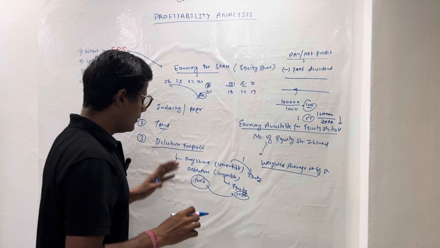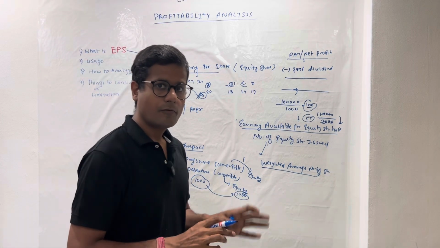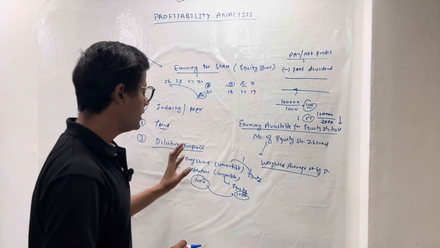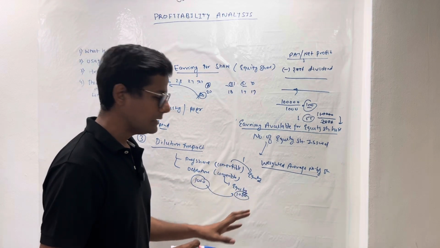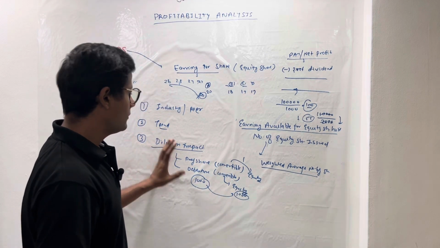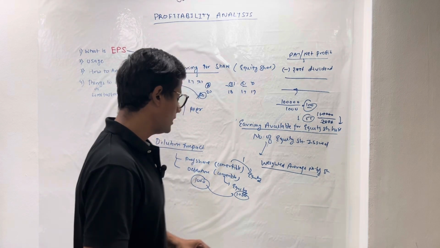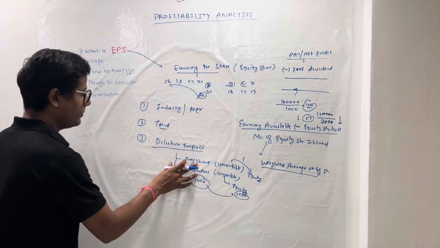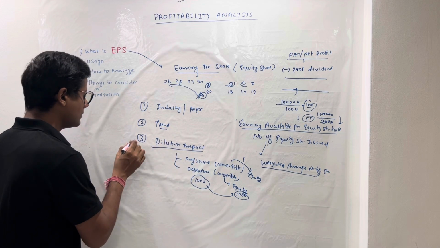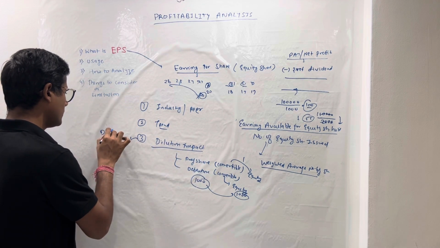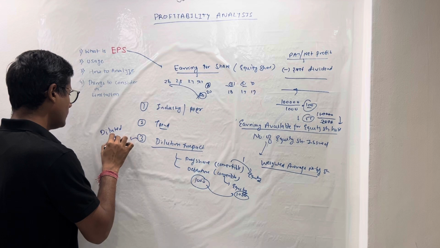So if you have convertible debentures or convertible preference shares in the balance sheet, and if they are getting converted this year or next year, then there is a very good chance that overall your EPS will go down. So you need to consider the dilution impact also. For that purpose, there is something called diluted EPS which is calculated.